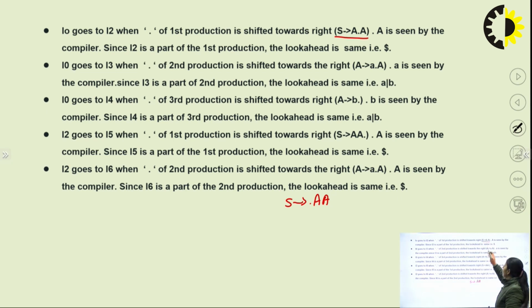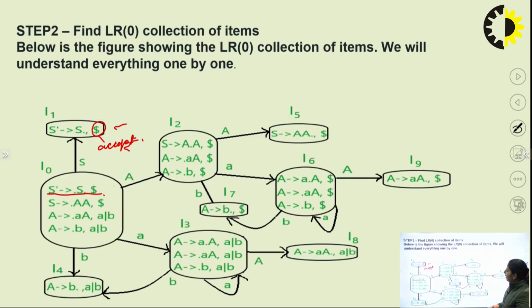Now we can say A is seen by the compiler, meaning when the dot comes to the right of any non-terminal symbol, we can assume that symbol is seen by the compiler. Since I2 is a part of the first production, the look ahead is the same as that of the first production, that is dollar.